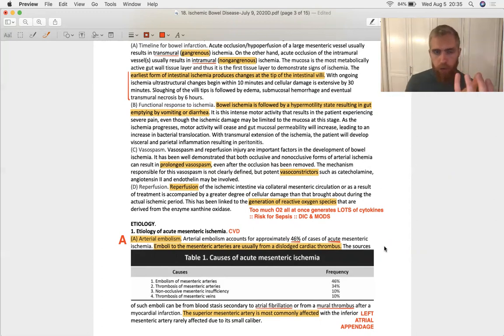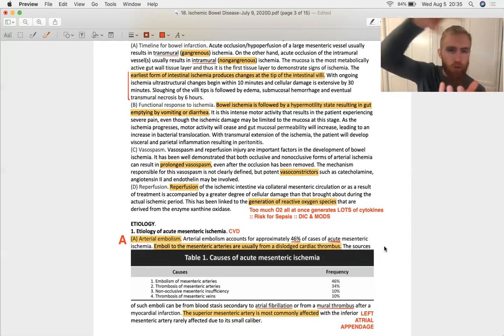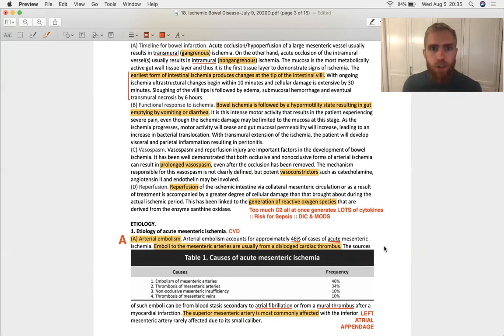You've got a necrosis and then there's bugs superimposed on top of that dead tissue. However, if it's not a transmural ischemia in the gut, quite like in the heart, you're not going to see a big degree of necrosis. You're just going to see some dead tissue, but you'll have a lot of living tissue left. And so the dead tissue will get cleared out and scarred up, and there's no necrosis, there's no gangrene.